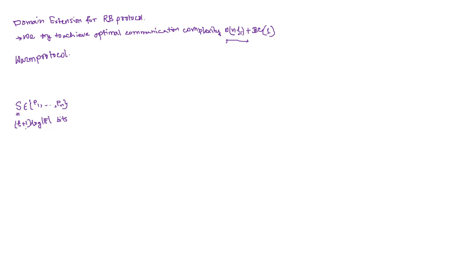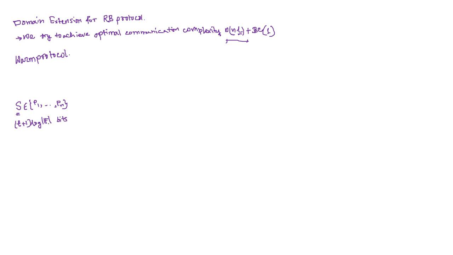Now why do we choose such a bit length? The reason is that we essentially want to apply Reed-Solomon decoding somewhere in the protocol, and in Reed-Solomon decoding the messages are always elements of some field.